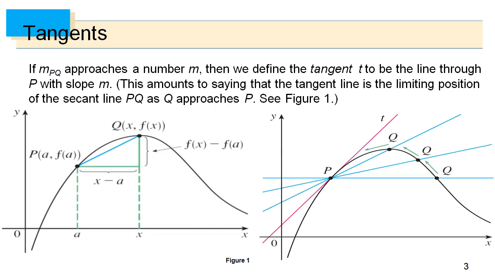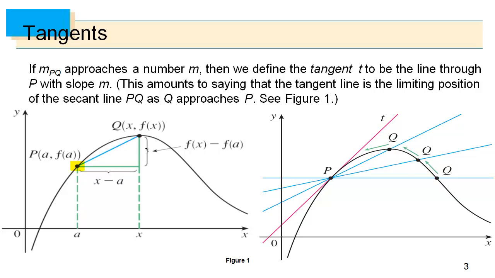So on this picture we can see very clearly that if we're trying to figure out what is happening here at point A, we want to know the slope of the tangent line at that point. Then we pick some other point over here, we call it Q, and we can calculate the slope of this blue line, the secant line, by doing change in y over change in x. This is just the difference in our y values, f(x) minus f(a), and this is the difference in our x values, x minus a.